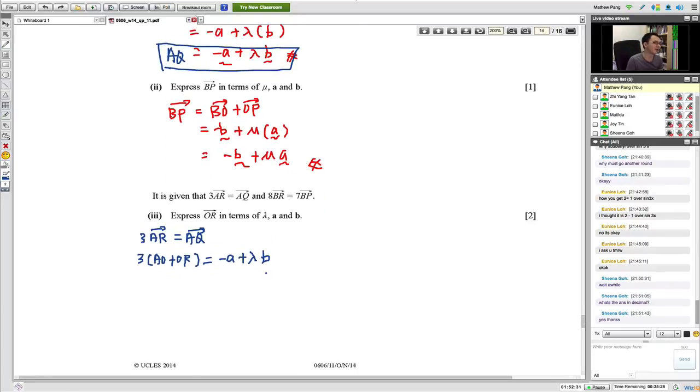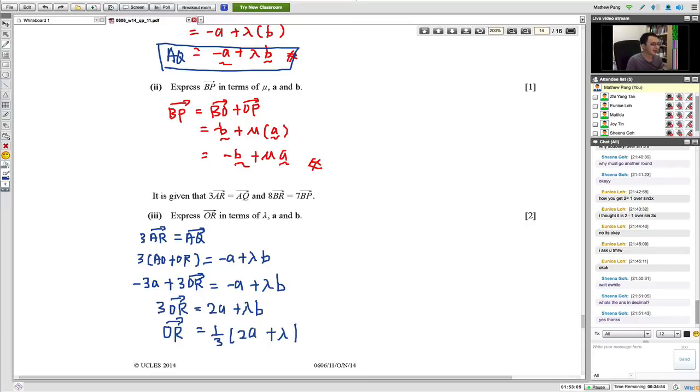So this is 3, AO is negative a, so it's negative 3a plus 3 OR equals negative a plus lambda b. I want to make OR the subject, step by step. 3 OR equals 3a minus a, which is 2a, plus lambda b. So I move the 3 to the other side, then I'm done. It's 1 over 3 times 2a plus lambda b. Just like this, very easy.